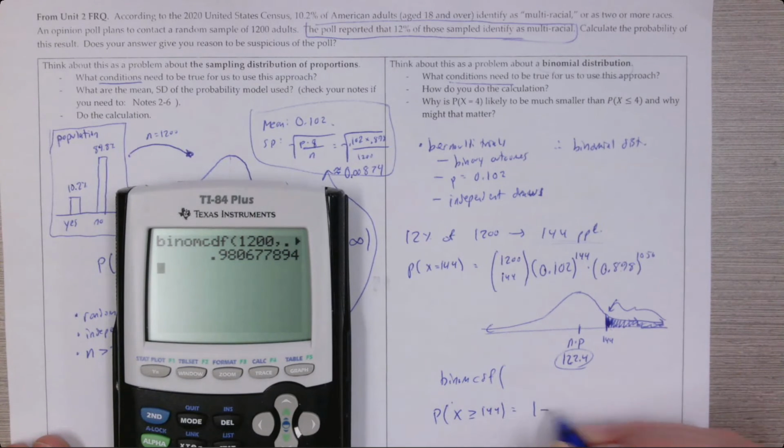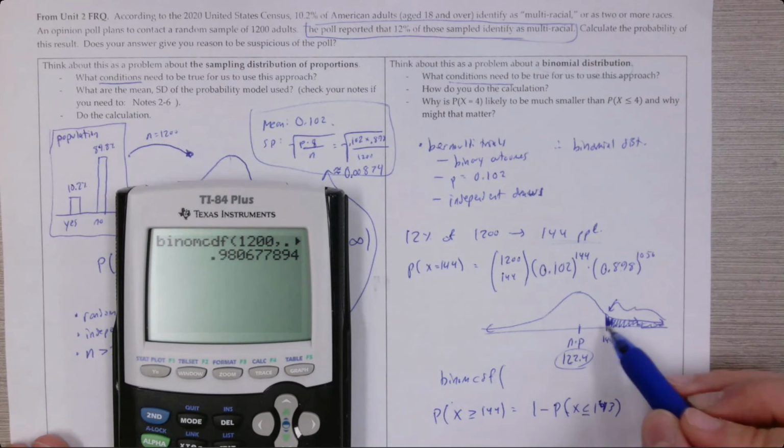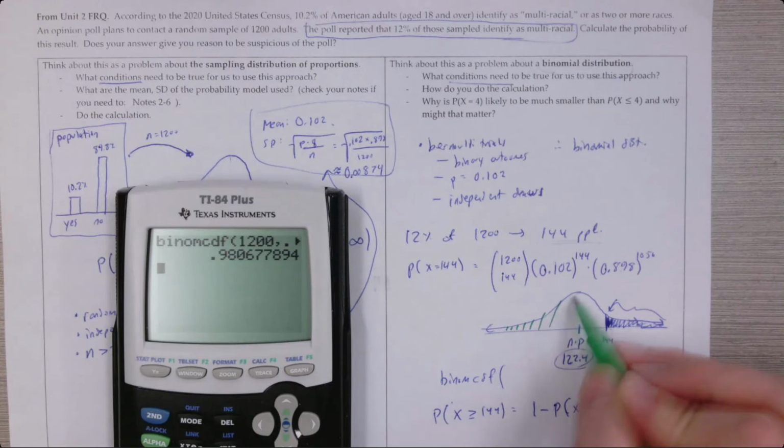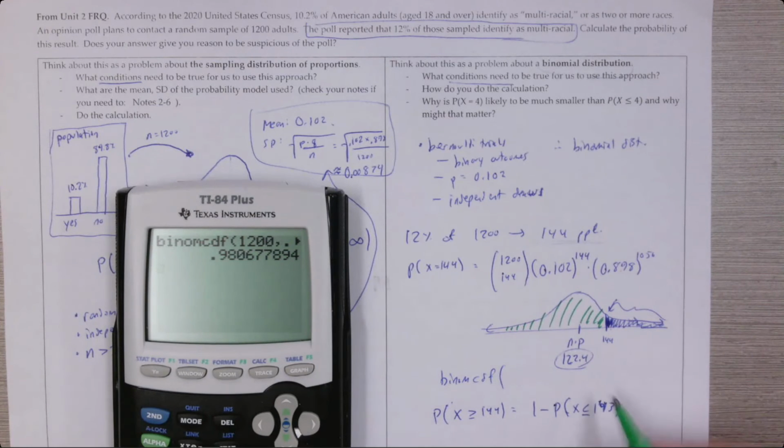So that's going to be the complement of X being less than or equal to 143. So if you imagine shading in, let's do that in green, this area is the probability of drawing 143 or fewer. And 1 minus that is all the other things that might happen. So it's 144 or greater. So this is actually the one that we want to compute.